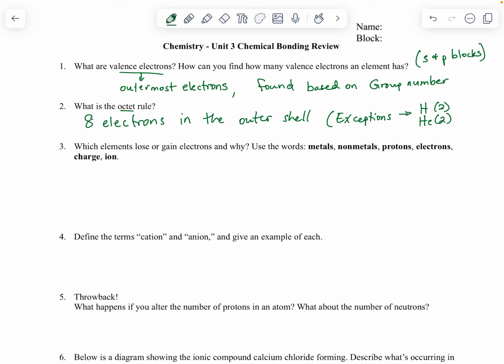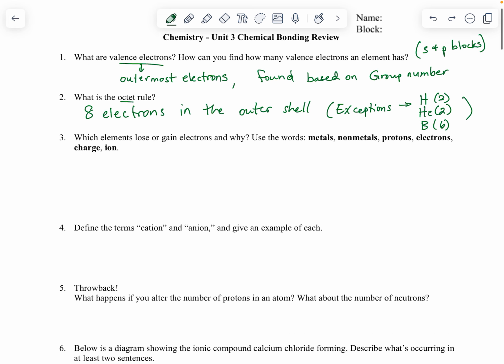And actually, we did say boron, which does use 6 in terms of the lack of electrons that it has to begin with, those 3. But those are pretty much the main exceptions. The one that we need to really focus on is hydrogen.